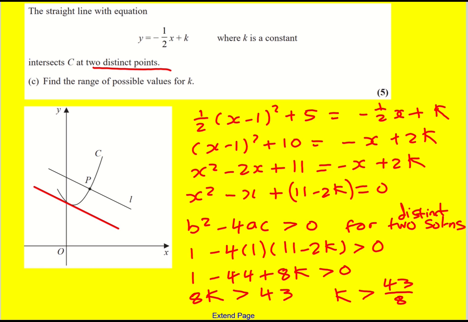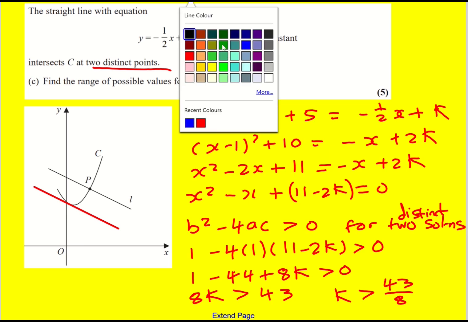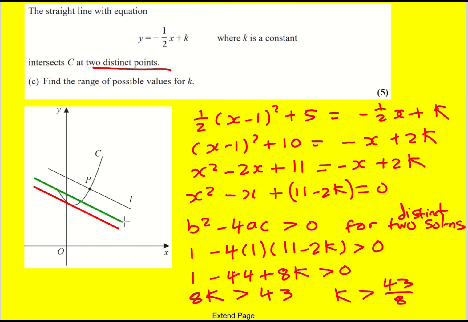Okay, that is going to be that red line there. So I must have that. But now I want to find this other cutoff point there. And that's actually got nothing to do with the discriminant. It's all about the equation.